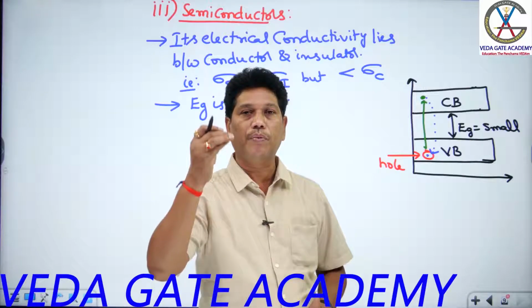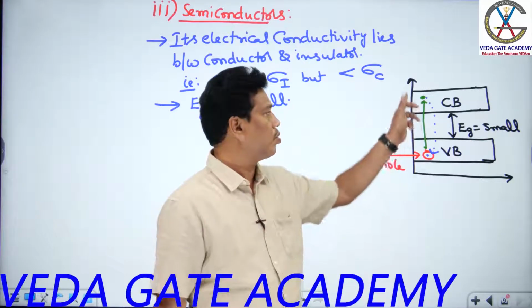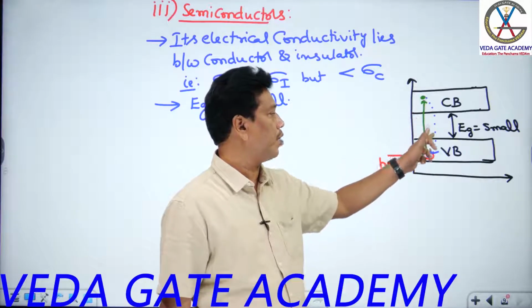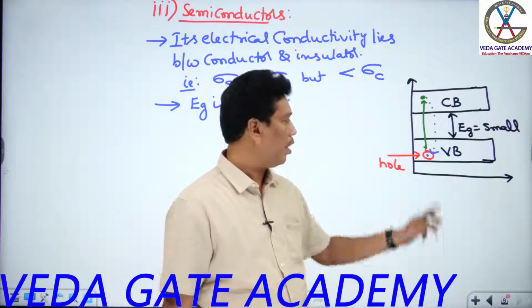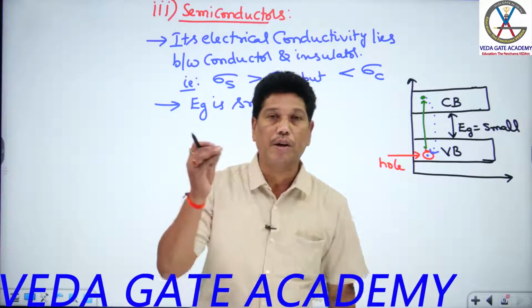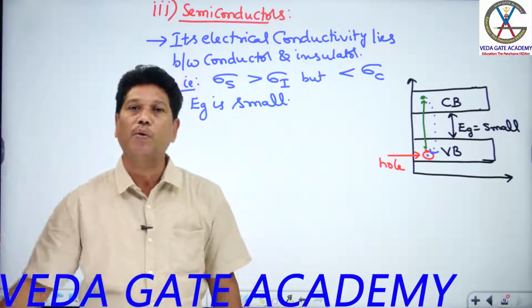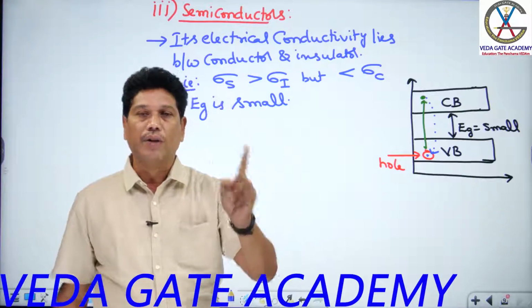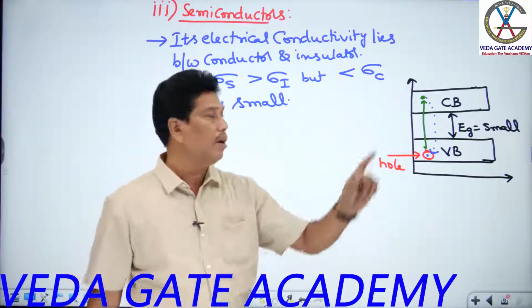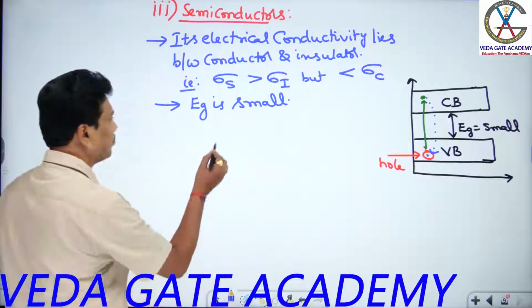Whenever it skips from its permanent area to the other area, only then can you generate a hole. So even when it returns, you don't say loss there. Holes are never considered in the conduction band, holes are always considered in the valence band only. Such that in a semiconductor, the current carriers are electrons in the conduction band and holes in the valence band. Understand the story, students?